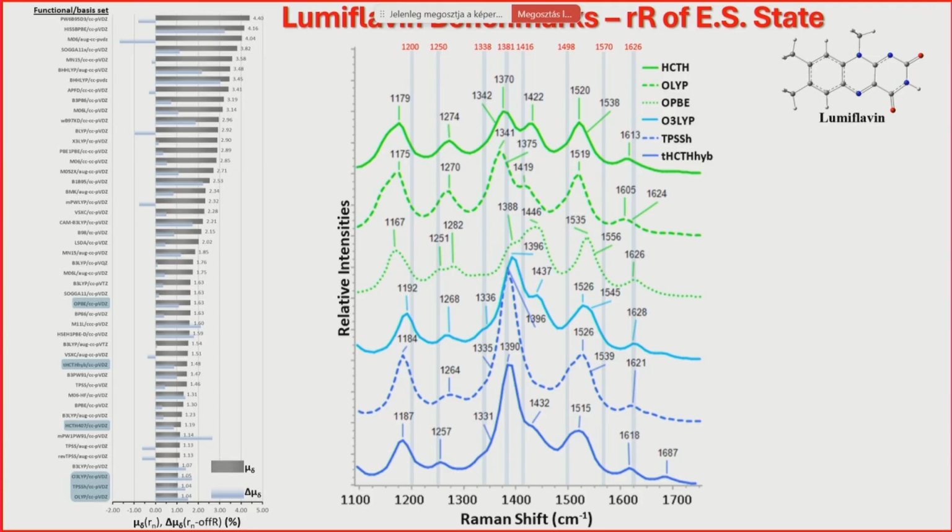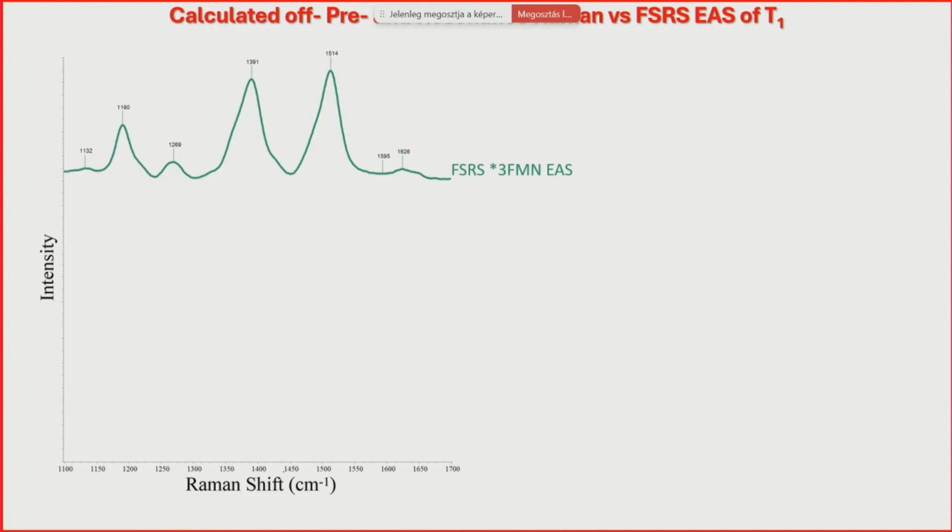So we managed to obtain a set of better functionals, at least behaving for the S1 state. We can repeat exactly the same procedure for the triplet state here.